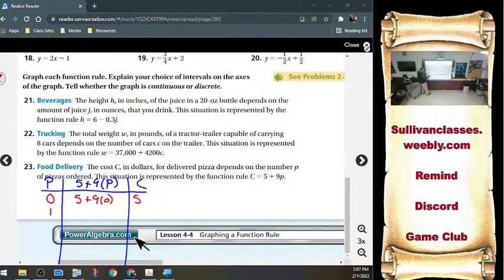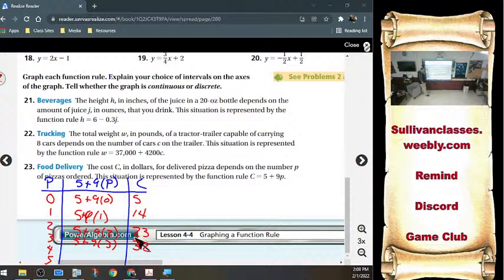But I could order 1 pizza, 2 pizzas, 3 pizzas, 4 pizzas, 5 pizzas, right? Well, put a 1 in there. 5 plus 9 by 1. Well, 9 plus 5, that doesn't even look like a 9, I swear. I could say 5 plus 9 by 2. 5 plus 9 by 3. 18 plus 5. 27 plus 5.